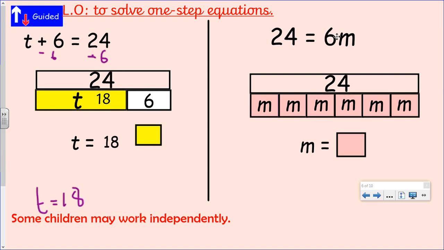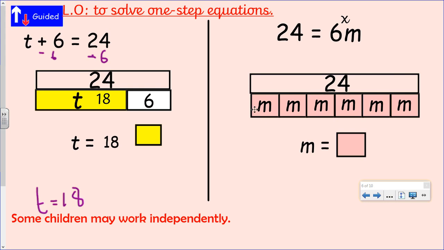All right, this one, we've got a multiplication one. So 24 equals 6m. That means 6 times m, or 6 lots of m, which hopefully you can see here. So 6 lots of m is 24. How are we going to work 1 lot of m out, one of our little squares here?